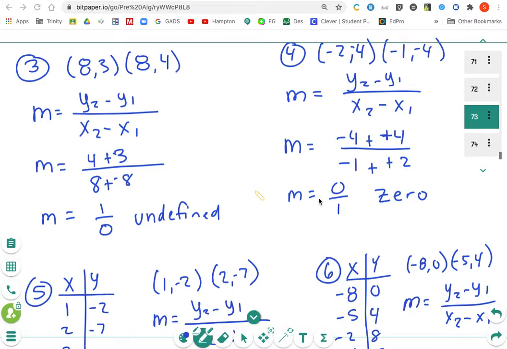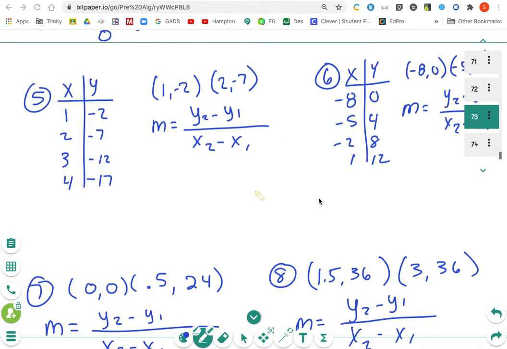5 and 6 are tables. Now you can choose any ordered pair that you want to choose. I'm going to choose the first two, and I'm going to label them x1, y1, x2, y2. We actually should have been doing that on all the ordered pairs.